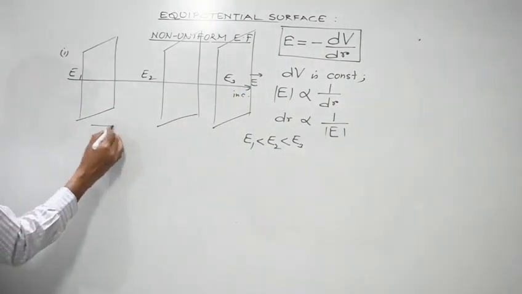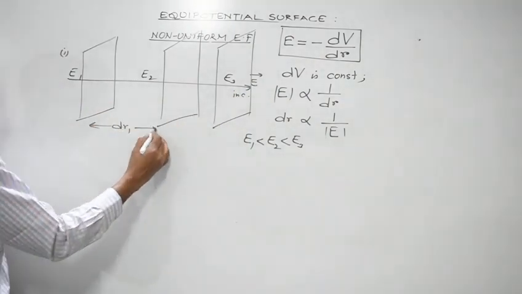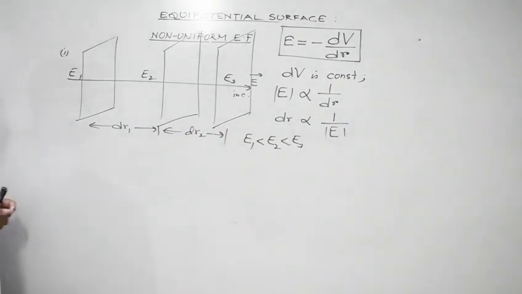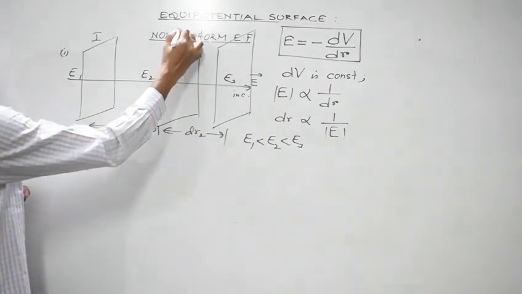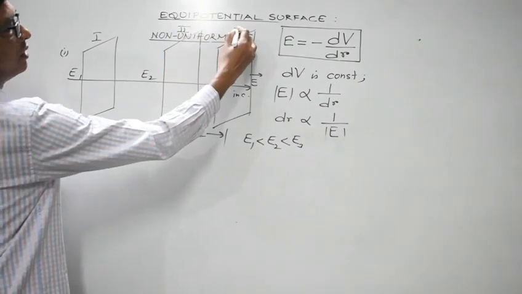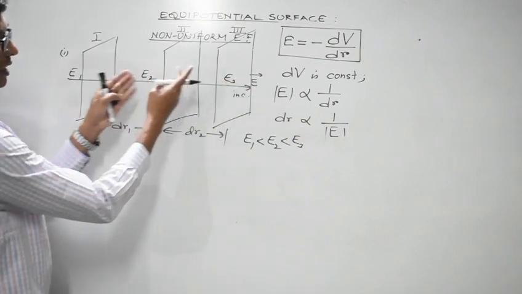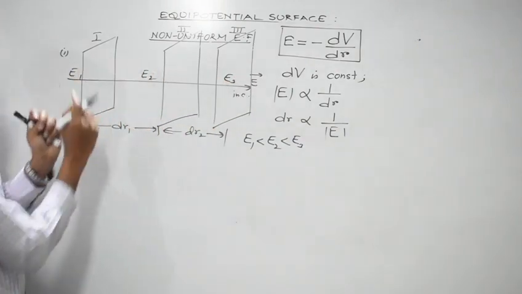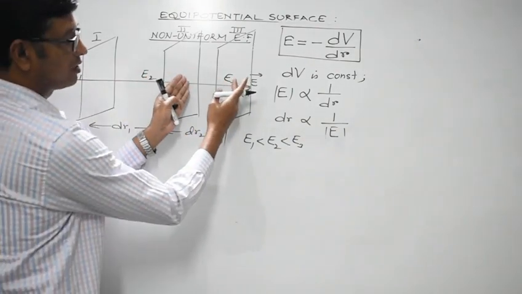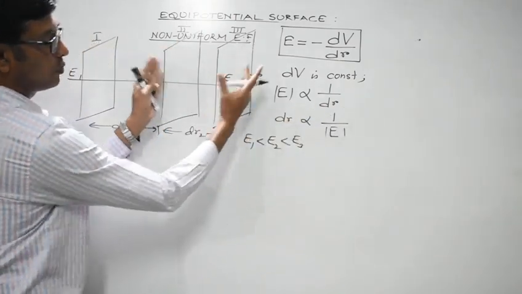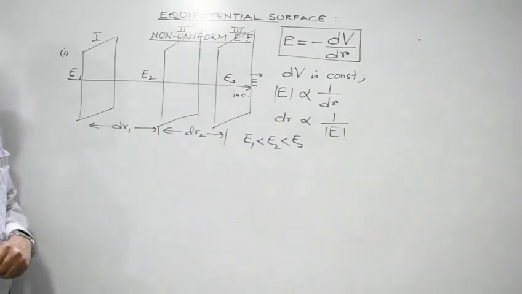Now, suppose this is dr1, and the separation between the next ones is dr2. Now look, these are the three equipotential surfaces. This is the region where the electric field is much stronger as compared to the electric field in this particular region. So look, wherever the strength of the electric field is stronger, the value of E is more, then the separation between the equipotential surfaces is lesser.